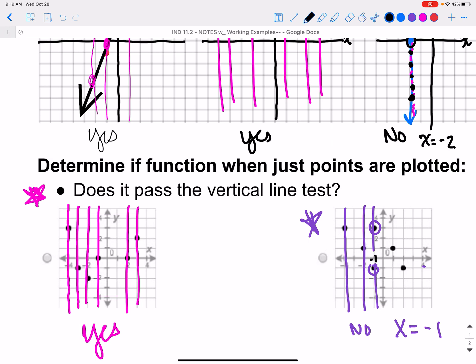So at x equals negative 1, this scatter plot fails the vertical line test because there are 2 points on that vertical line. So again, if you're given a graph and the line is already drawn, you can do the vertical line test with the entire line. If you're given a graph with just data points, don't connect them, just do the vertical line test with the given points that you have. And if you have any that are straight up and down on top of each other, then they fail the vertical line test, and just tell me why they fail.